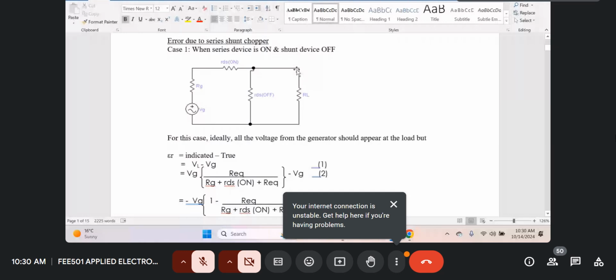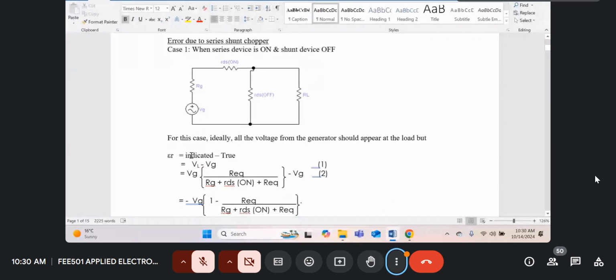So our on error for the complete configuration is given by indicated minus true value. If the series device is on, ideally, the indicated should be the total voltage generated by our generator. So our indicated will be our voltage appearing across RL, which I'm calling VL, and our true value is supposed to be VG. So the error is indicated minus true, which is VL minus VG.